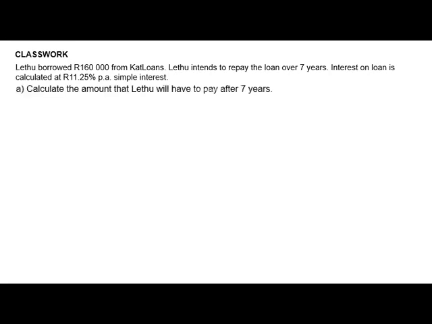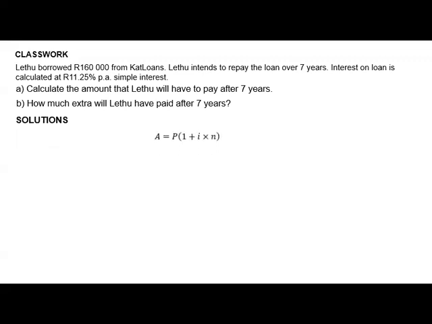We need to calculate the amount that Letu will have to pay over 7 years and how much extra Letu will have paid after 7 years. Now, for us to calculate what Letu will owe after 7 years, we need to use simple interest, because whatever Letu owes us now, Letu will have to repay it with interest in the future.